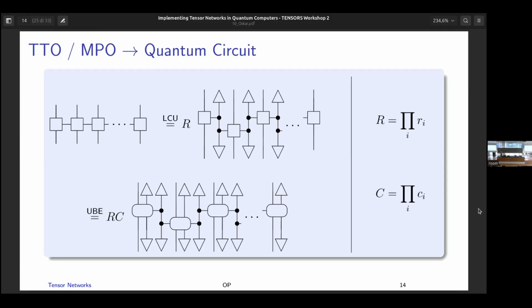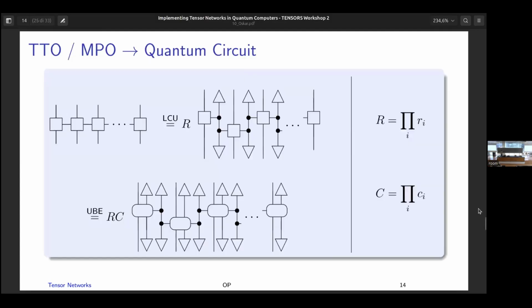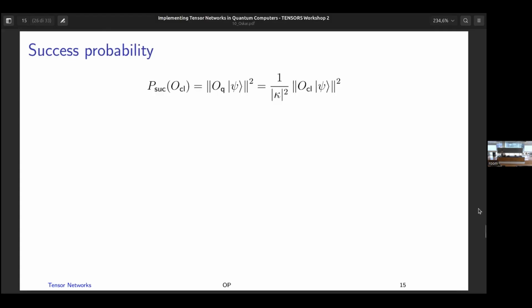To calculate the success probability, we have to look at the norm of the vector that we want to encode, after we have encoded it. And how does this happen? Here we have a lot of projective measurements, and these decrease the norm of our vector, how we have encoded it. The success probability is proportional to the norm of our quantum state after we have run the quantum circuit.